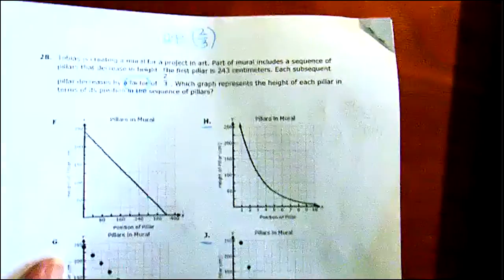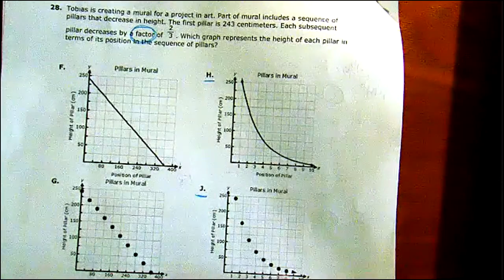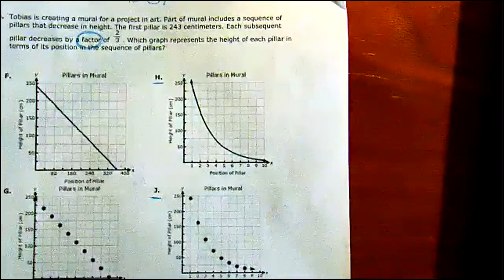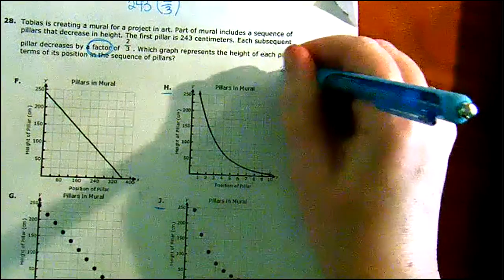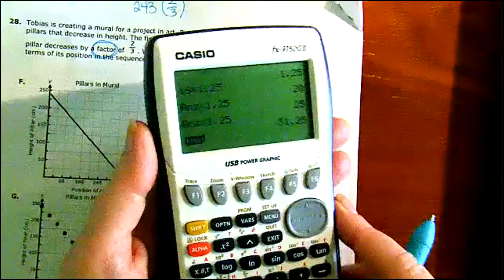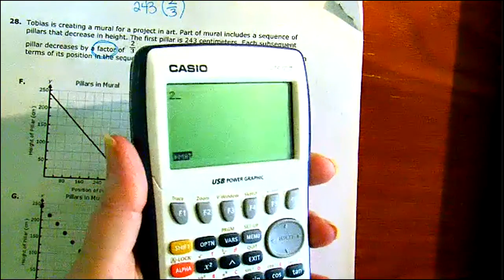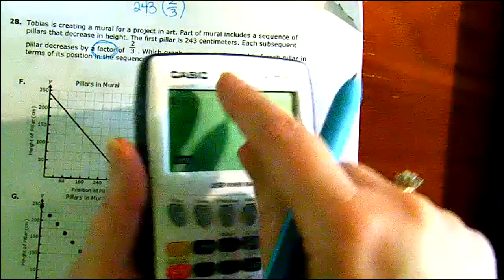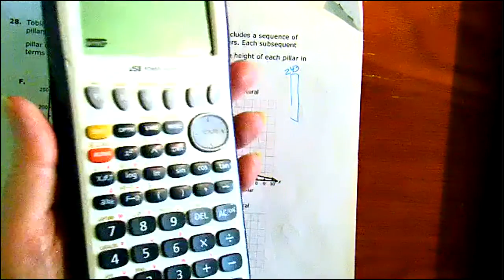Now, is it going to be continuous or discrete? So we're measuring the first column, or the first pillar is 243. Now to put that 2/3 in, I'm going to go ahead and keep it in parentheses.